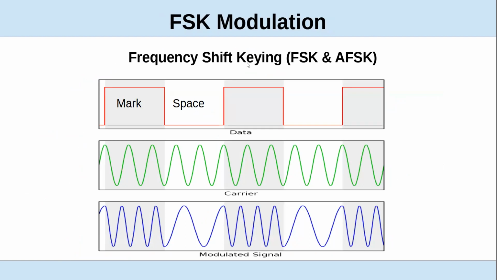A lot of the digital modes use frequency shift keying, which is a form of FM, where in the simpler ones, they use what we call mark and space in order to indicate a 1 and a 0 or a true and a false, but that's how we send data.